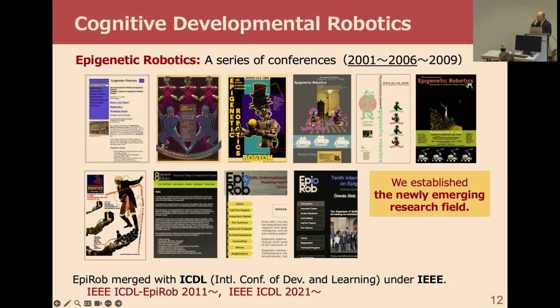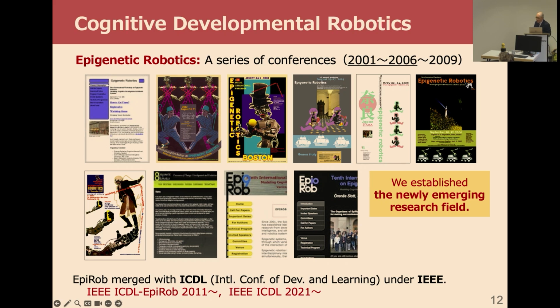And just 3 years ago, we actually took off the name EpiRob. So nowadays, it is called the IEEE ICDL. Of course, I'm a bit sad that we took out the name EpiRob, but we are proud that we established a newly emerging research field, that's cognitive developmental robotics.